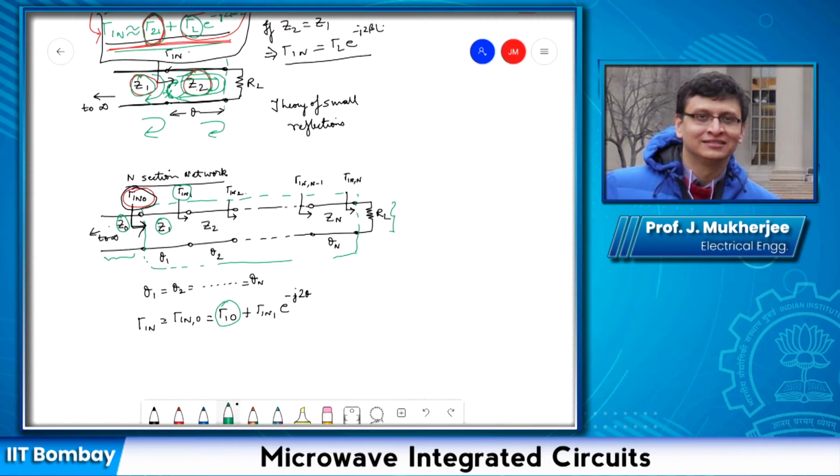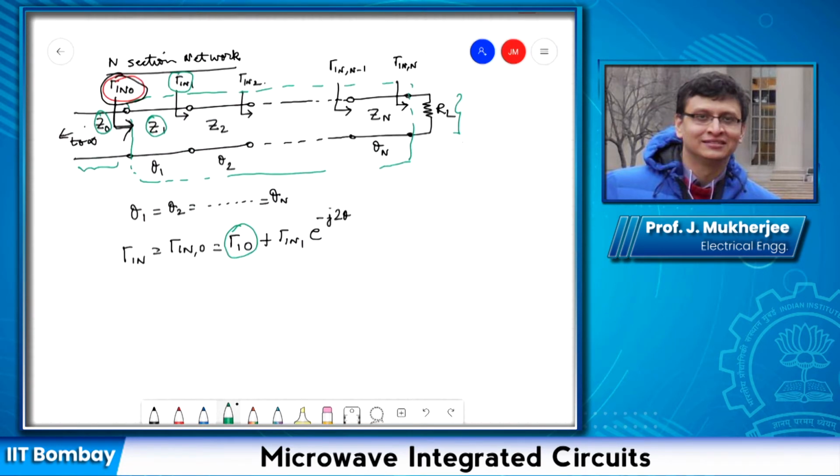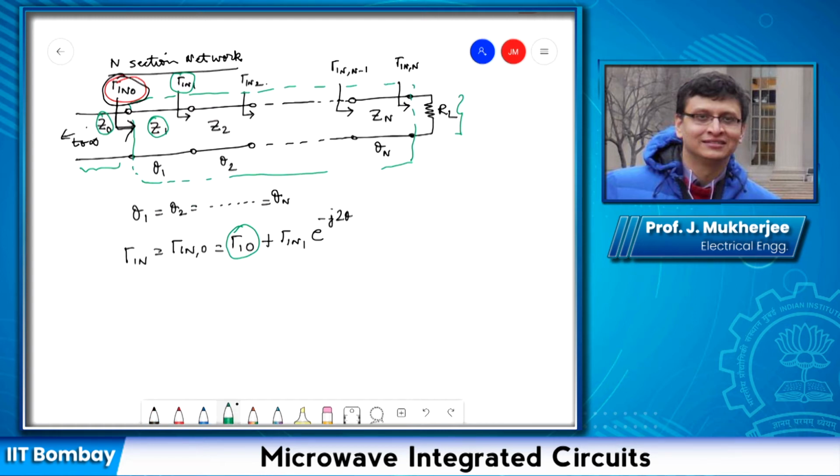Coming back, now this gamma in itself, gamma in 1 itself, can be expanded similarly. So I can have an expression like gamma 10 plus gamma 21 plus gamma in 2 e raised to minus j 2 theta.